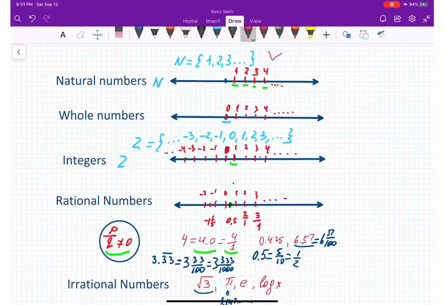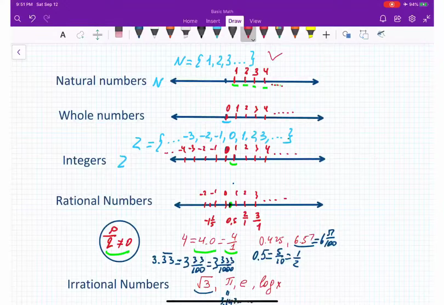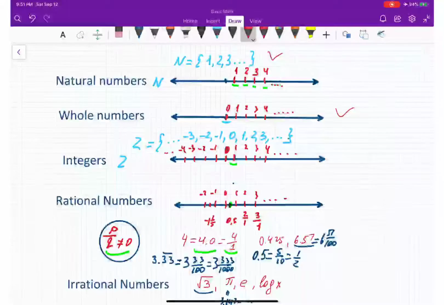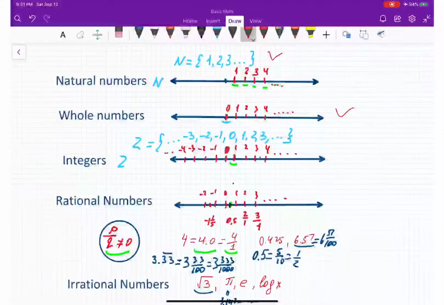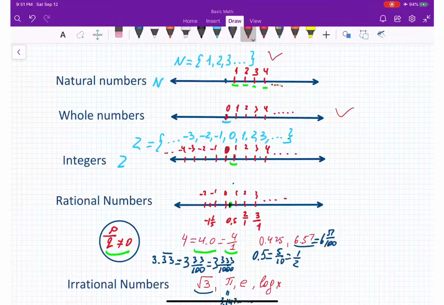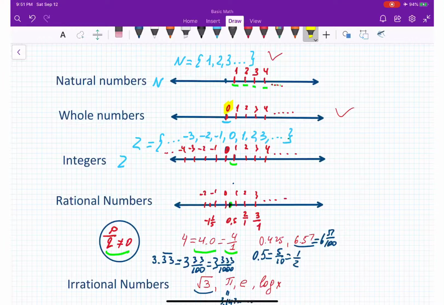Those are all natural numbers. Next, whole numbers. Whole numbers are all the whole numbers, and you include zero here also. That's the difference between natural numbers and whole numbers.